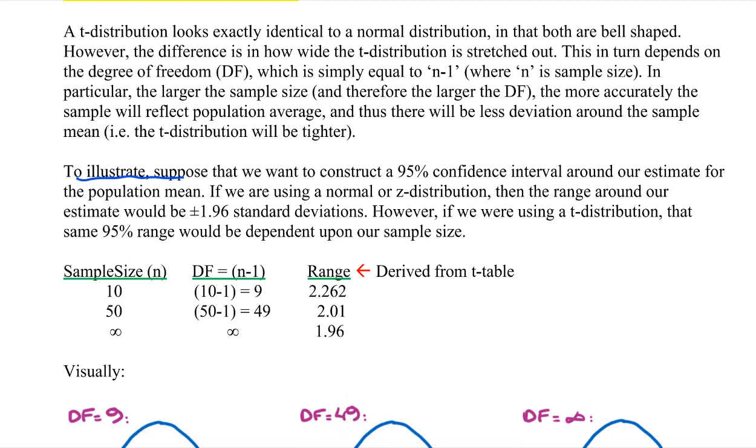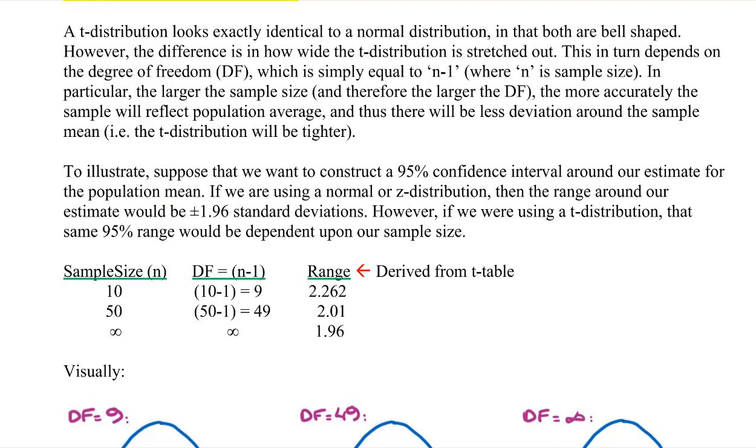So to illustrate, suppose that we want to construct a 95% confidence interval around our estimate for the population mean. So let's stop right there. What's going on here? Well, the thing with the population mean is that it is unobservable. I mean, that's the whole point of doing statistical analysis, is that we can't observe all the values, and that's what a population is.